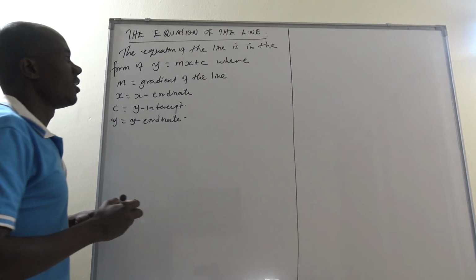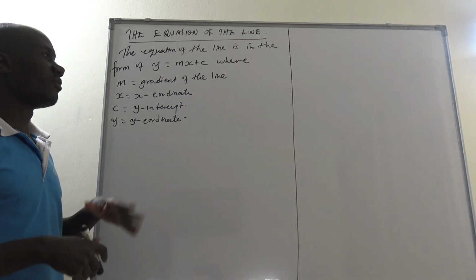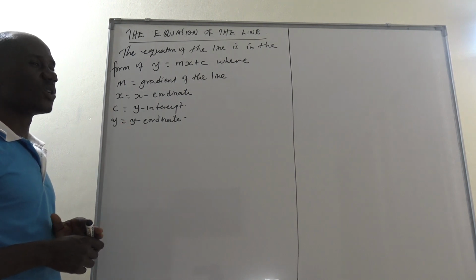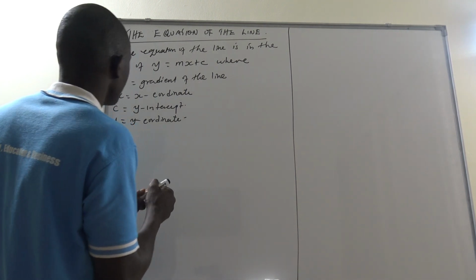So when you are given the gradient and you have the y-intercept, it is very easy for you to get the equation of the line.